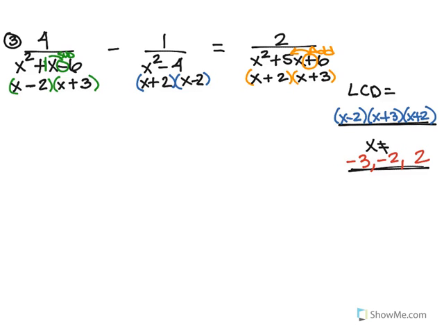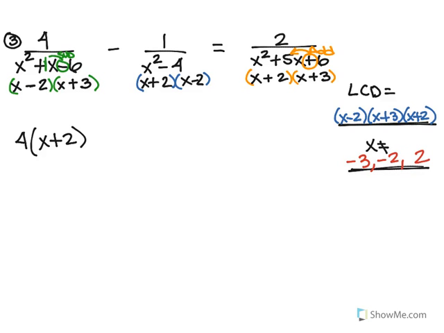All right. So now, when we go to multiply the tops, you're multiplying each numerator by the one he does not have. So 4 would have to be multiplied by which one of them? X plus 2. Good, because he's got -2 and he's got +3. Does everybody understand that?